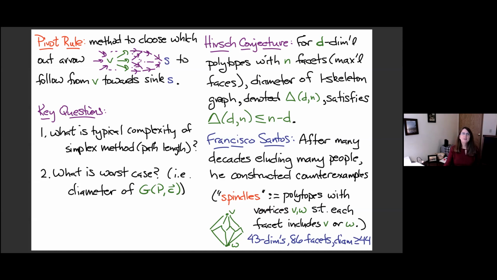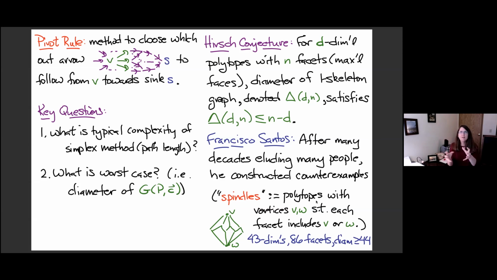Okay. So now the Hirsch conjecture, and it's spelled differently than my last name, so it's not me, it's way before me, is a conjecture about the diameter of these graphs you get on the one skeleton of a polytope. Given a d-dimensional polytope with n facets, so a facet is a maximal face of the boundary.